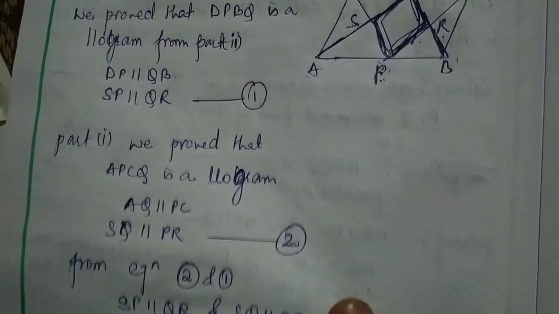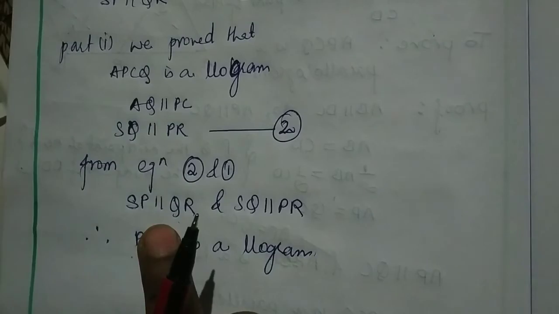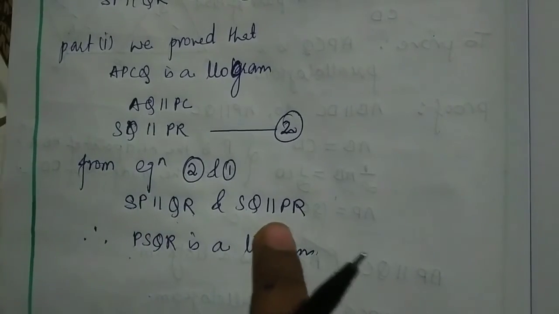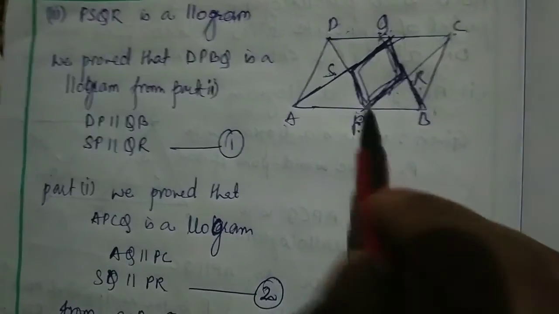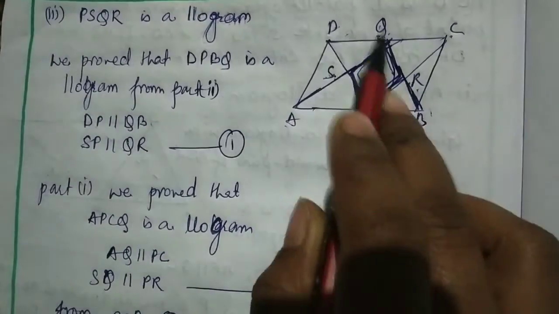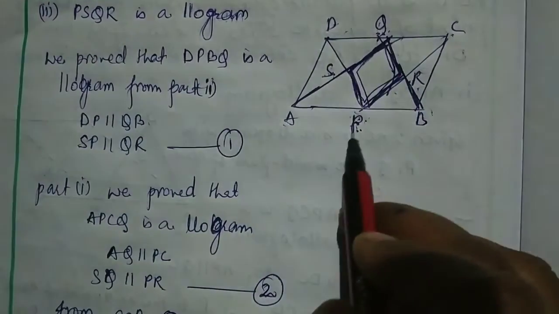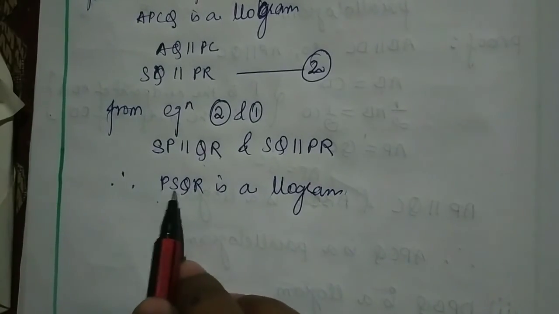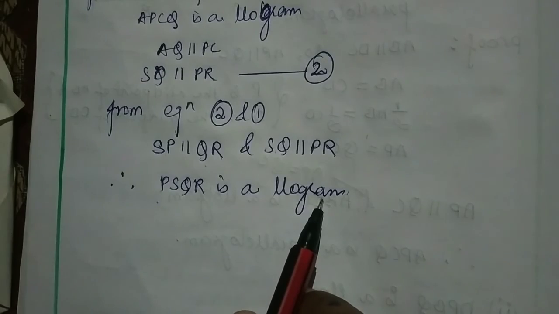From equations 1 and 2, we find that SP is parallel to QR and SQ is parallel to PR. So at last we get PSQR is a parallelogram.